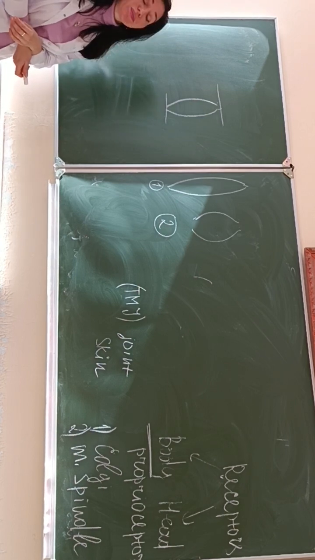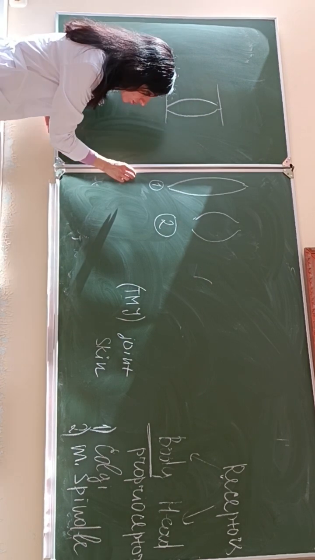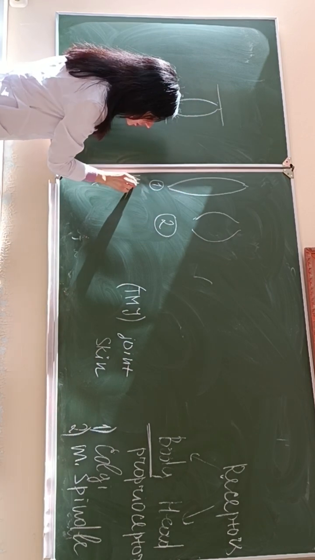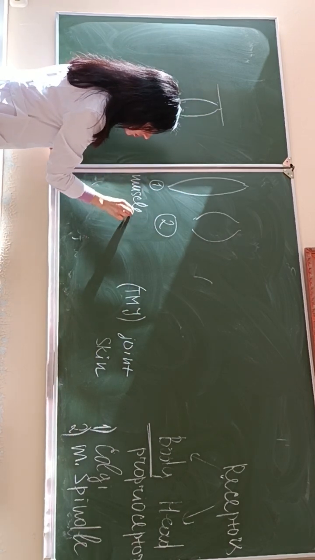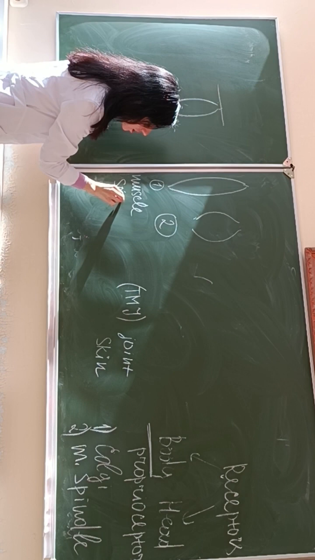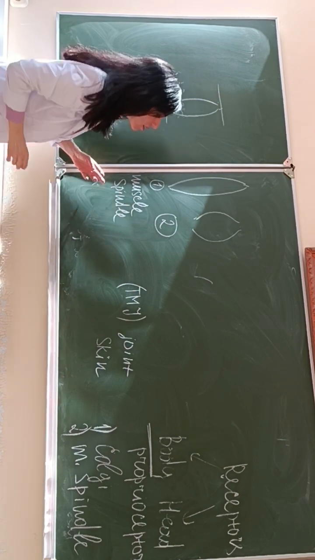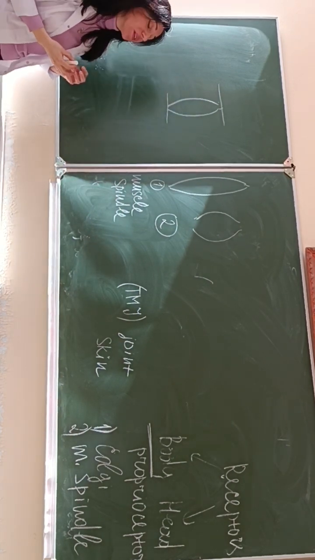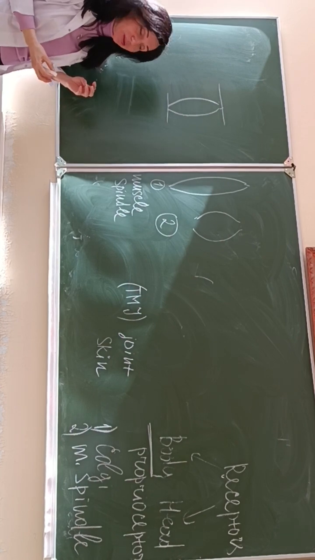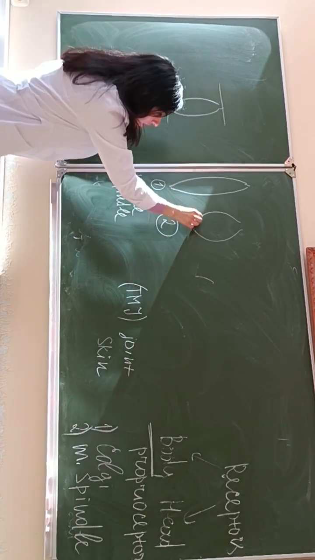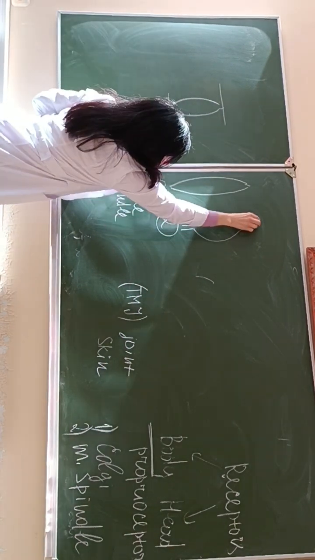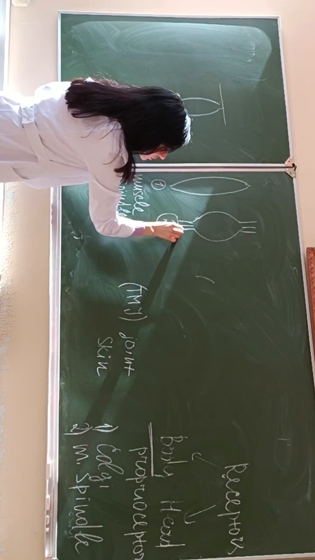In the first case, muscle spindle. Muscle spindle detects stretching. What receptor detects muscle contraction?